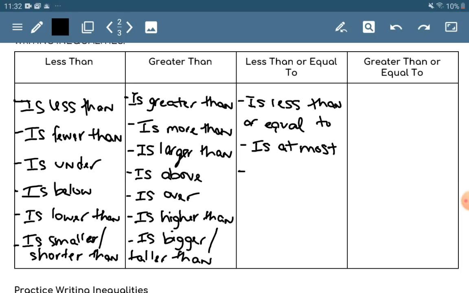Next, is at minimum. Or, I'm sorry, is at maximum. Is no more than. And the last one for this column, does not exceed.